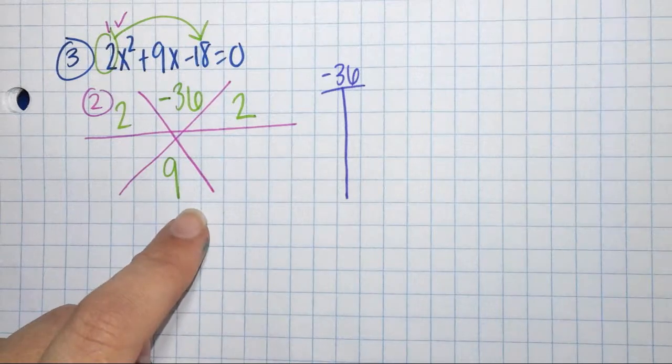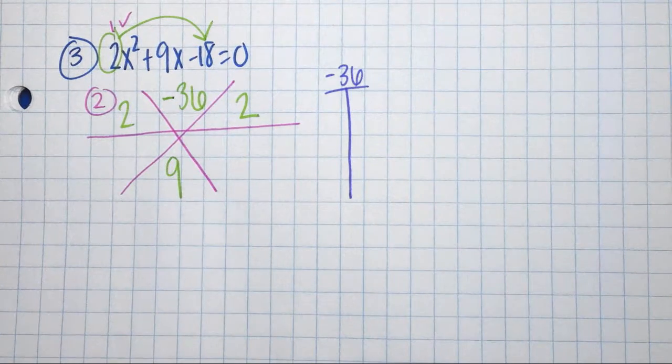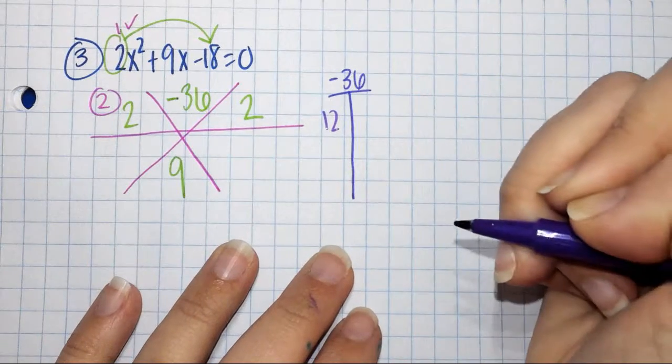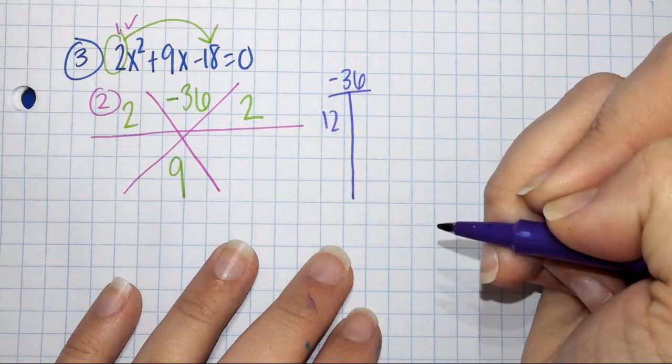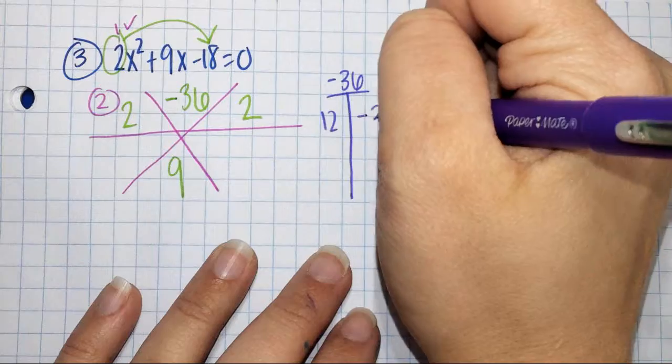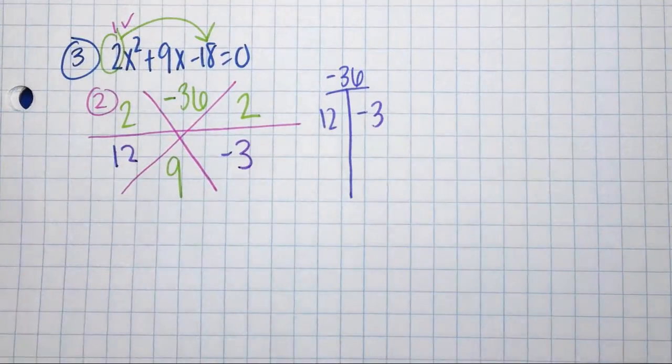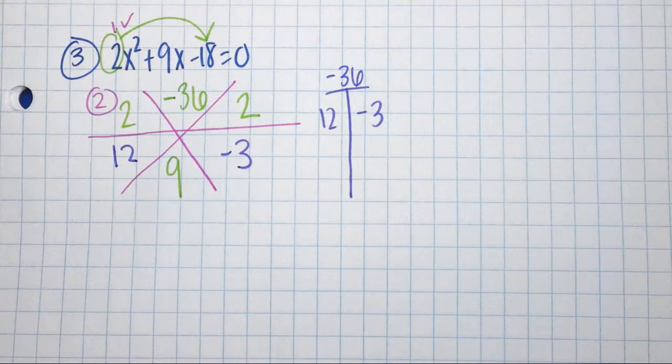In English, please. 12 and negative 3. Negative 3. Oh, I got it.